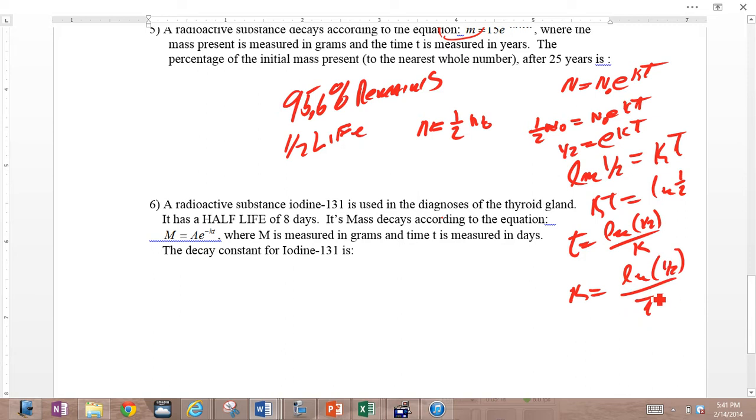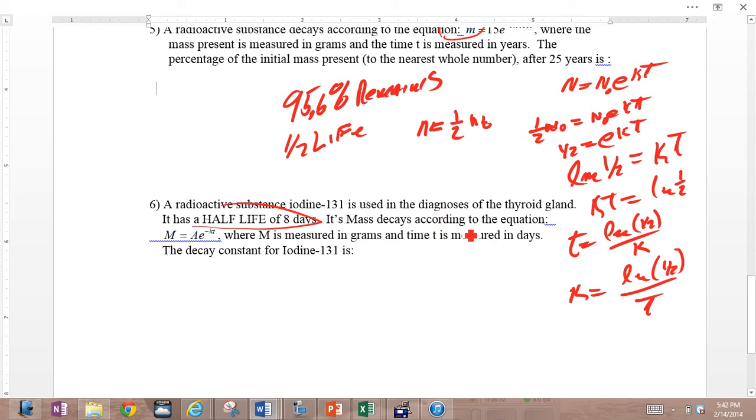So let's see. Here we go. The radioactive substance iodine 131 is used to diagnose thyroid gland cancer. The half-life is 8 days.